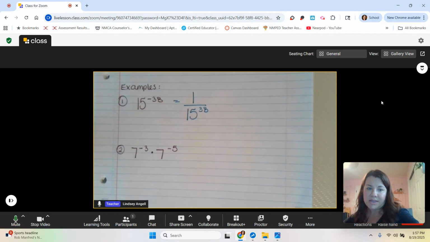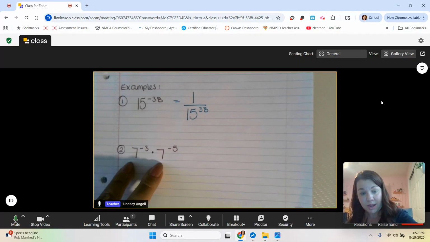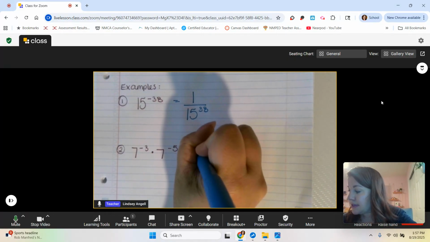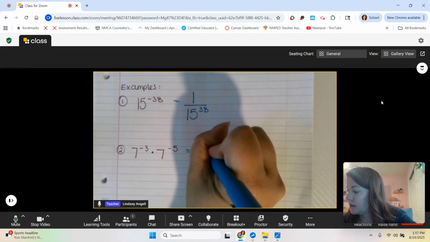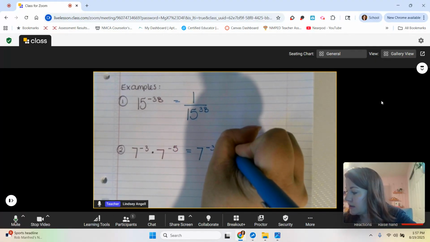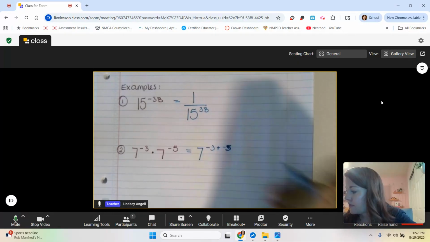Now, with this next one, first off, I'm multiplying, but my base is the same. That's a good thing, right? Because then I can combine my exponents. So really, this is the same thing as saying 7 to the negative 3 plus negative 5.